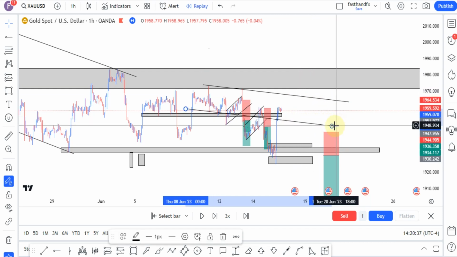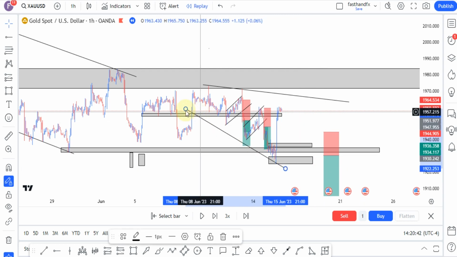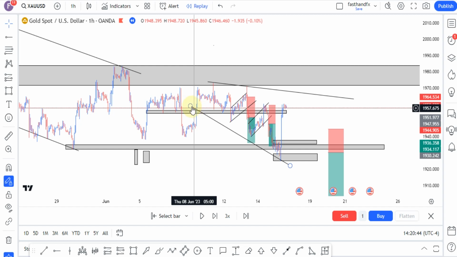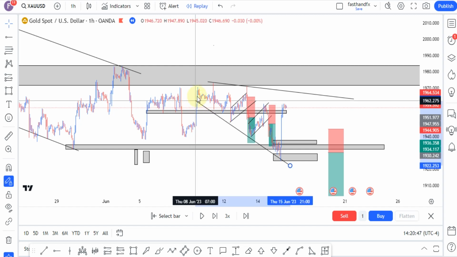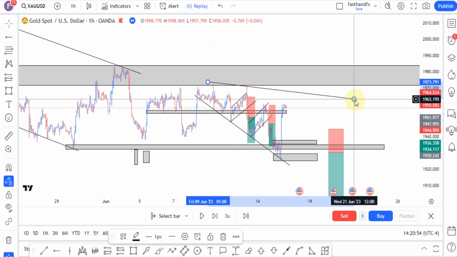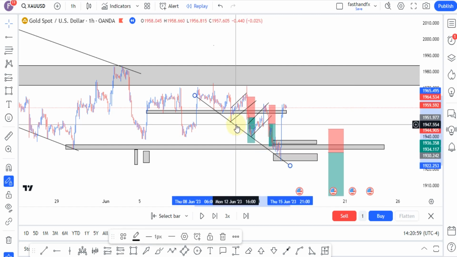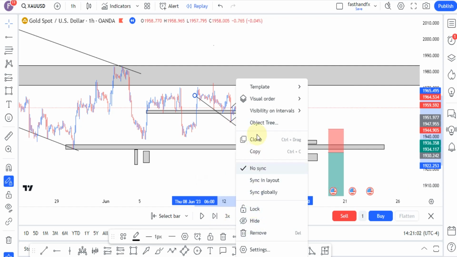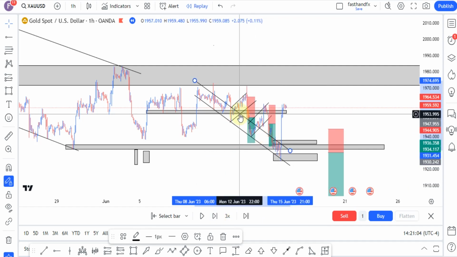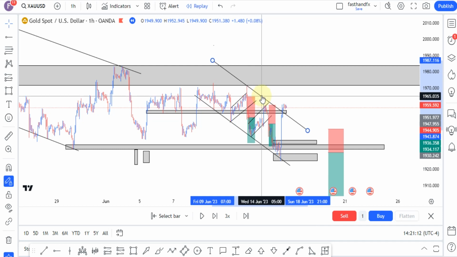but the market has done this. So the market did this, gave us this. So let me just clone this, and down here I'll clone this trend line, and we try to see if the market will respect it and give us another beautiful entry.